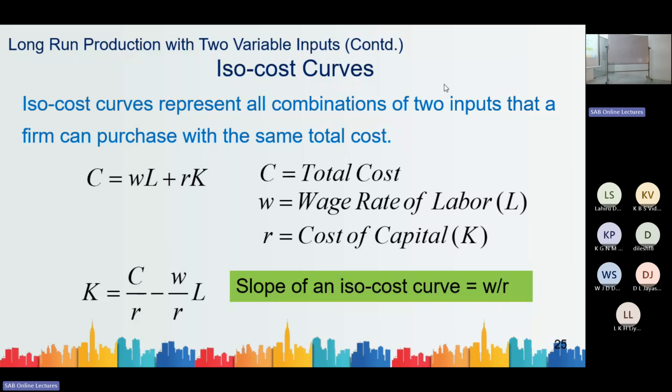At the midpoint, 5 units of capital with 10 units of labor, how much is the cost? 5 into 1,000 plus 10 into 500. The cost is again 10,000. And when producing only with labor, 20 units of labor and 0 units of capital, how much is the cost? 20 into 500, again 10,000.